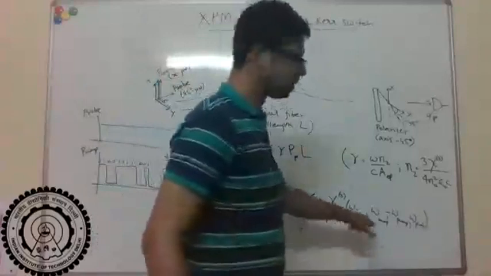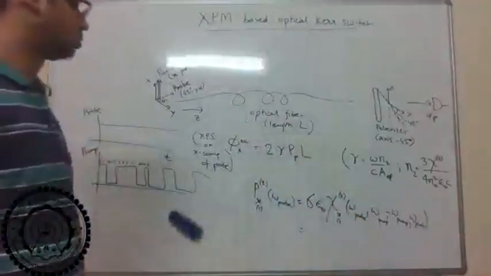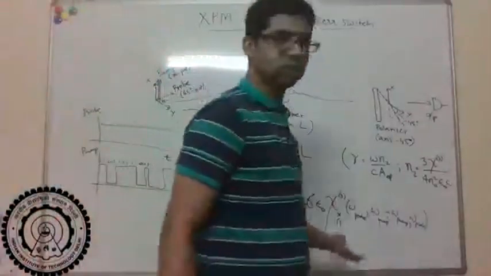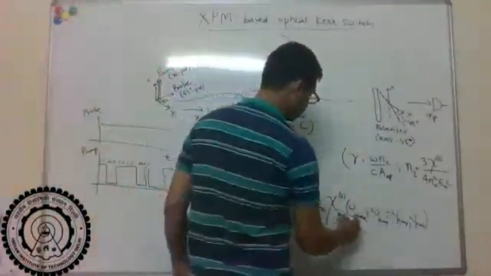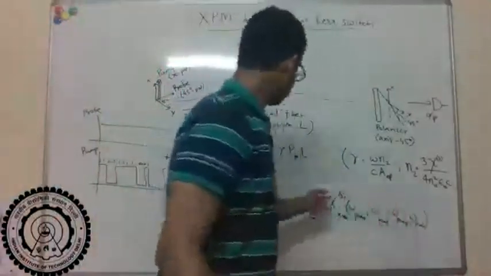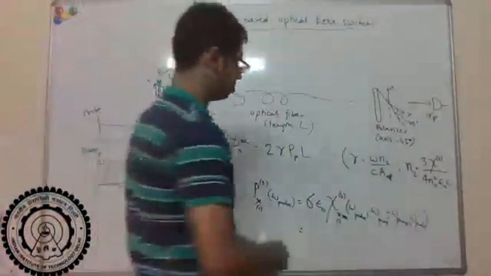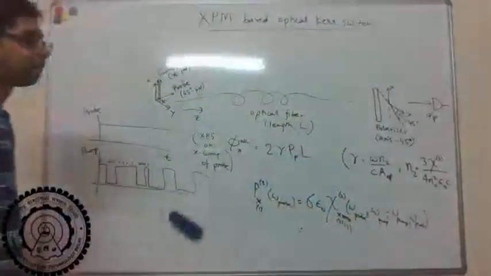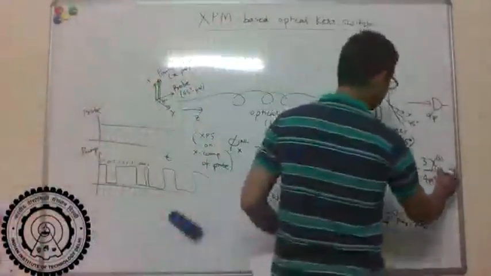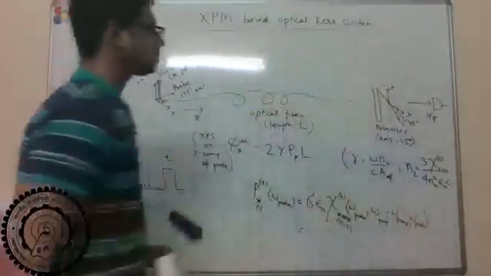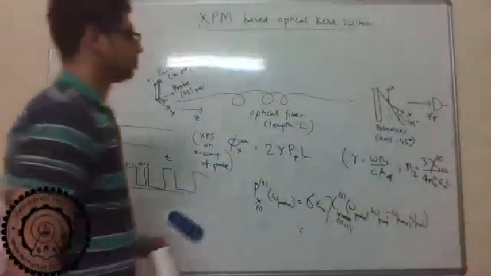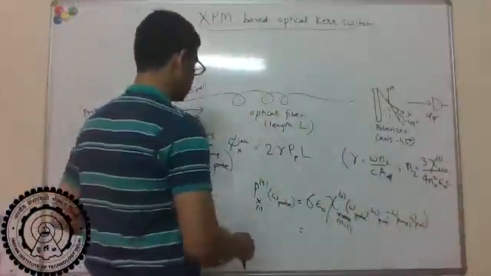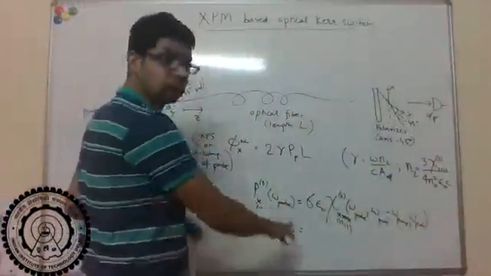And the next three will be? Also 1. Pump is X polarized, so it can only be 1. And the probe is also X polarized, so also 1. This is 1, 1, 1, 1. Okay, I hope that's clear.